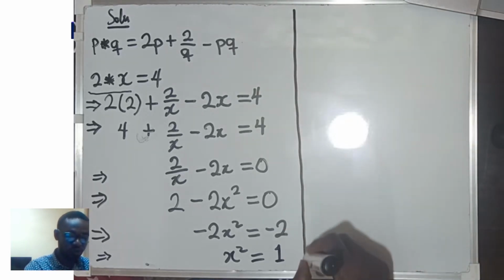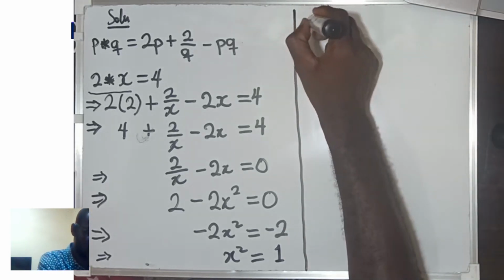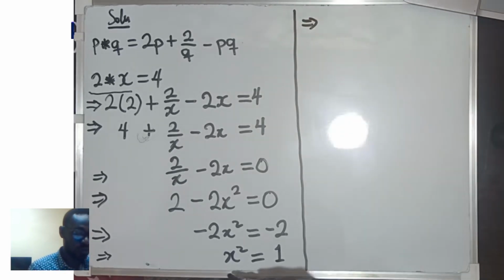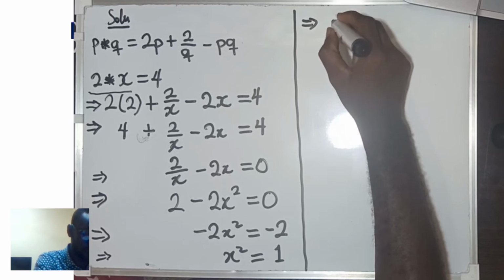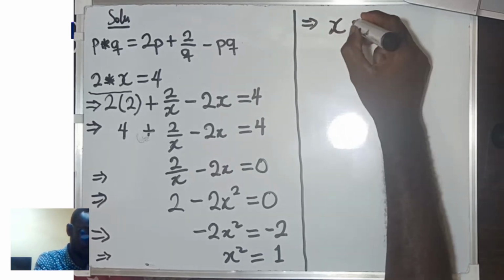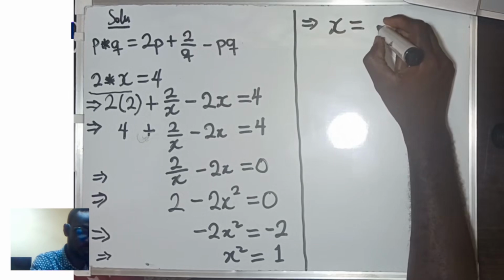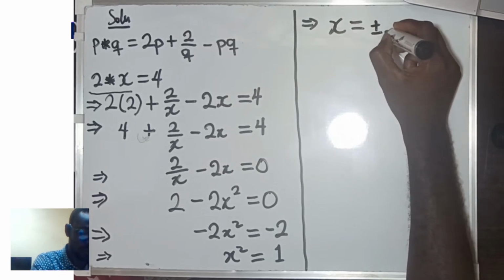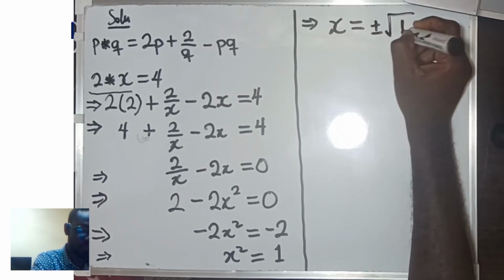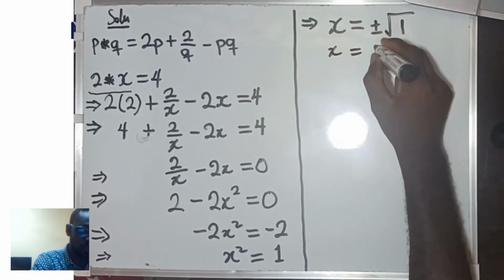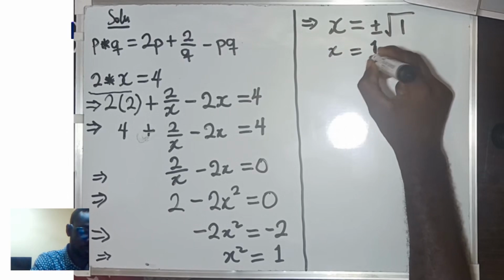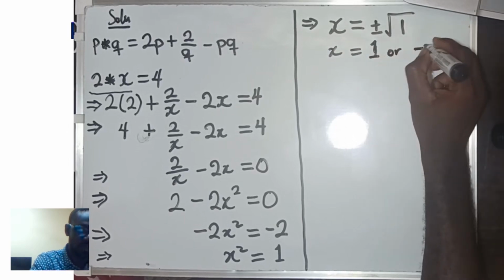Remember, we are just looking for x. It is not x squared that we are looking for. So it means we have to take the square root of both sides. And if I take the square root of both sides, the left hand side I'm going to get x equals, then the right hand side I'm going to get plus or minus the square root of 1. And plus or minus the square root of 1 is going to be 1 or negative 1.